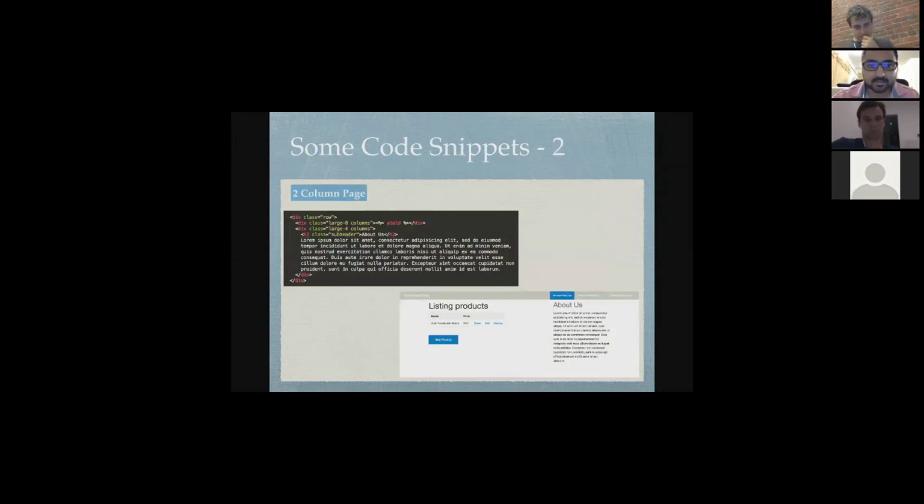I'm going to move on to a 2-column page I created, and it's easy, just like Twitter Bootstrap. It's not that different. You can get familiar with Foundation within an hour or even less, and you'll be proficient with it already, because the concept is the same. It's all 12-column grids.